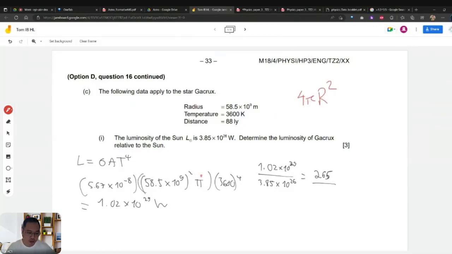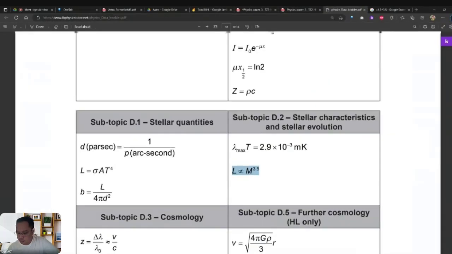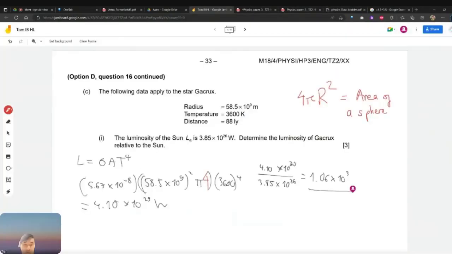You forgot the value. Okay, let me try again. Sphere area. Is that 10 to the negative 8 for the Stefan-Boltzmann constant? Got the answer. You round it to 2 significant figures.